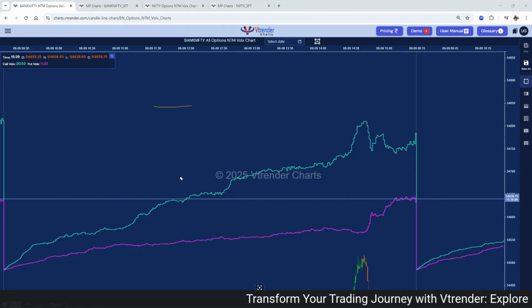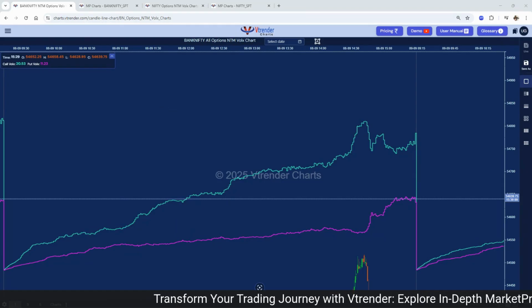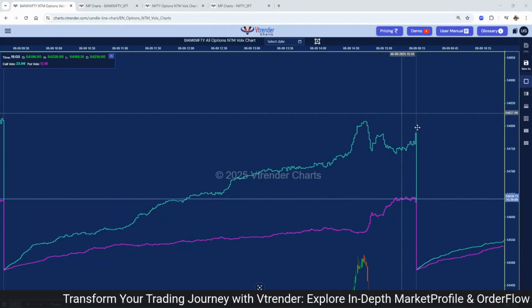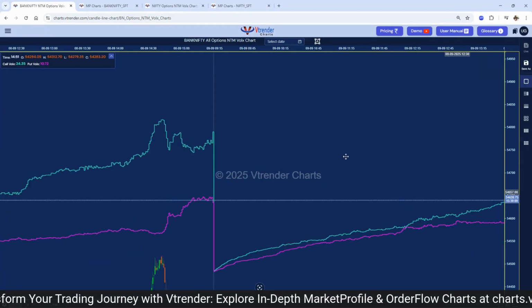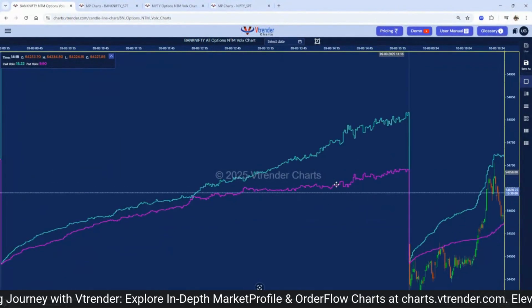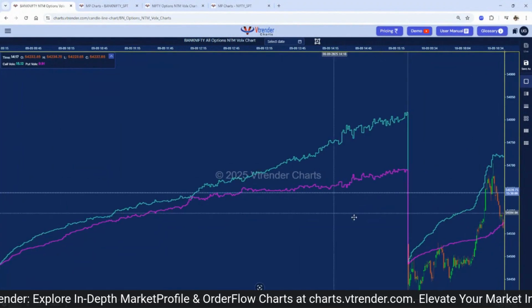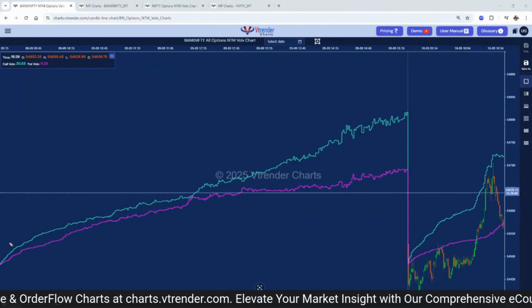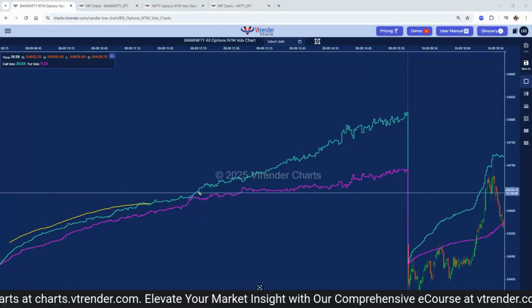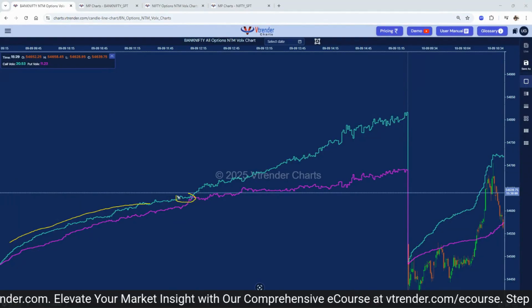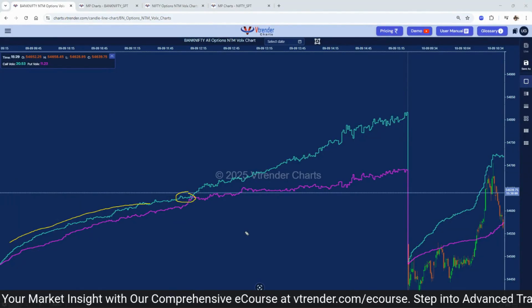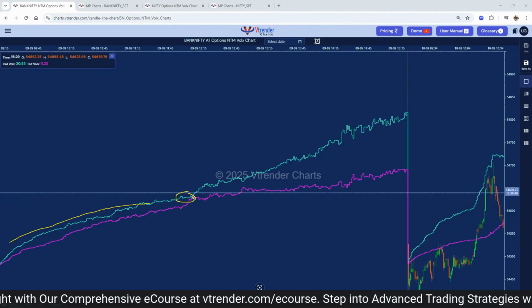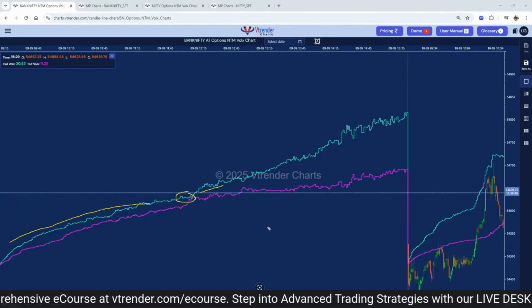So we'll just check out the next 2 days also. So this is 9th, yesterday's, where you can see how the call VolX was above. There was a small exchange here where the put did come near the call, but immediately the call came back above.